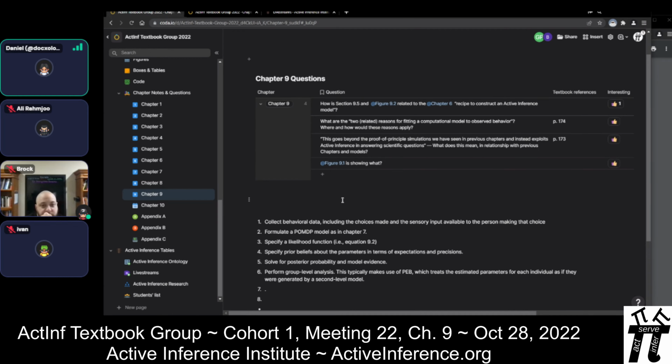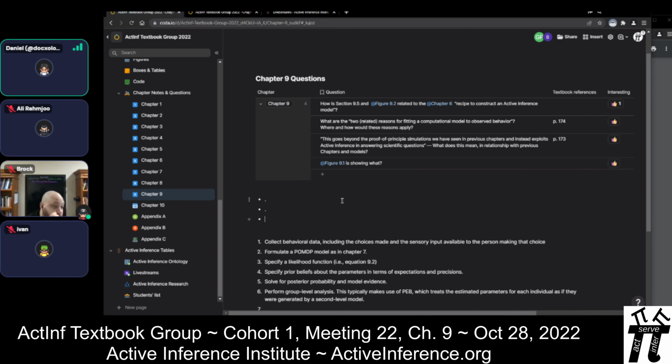Would anyone like to add anything they want? Or mention how the generative model discussion from the previous hour relates to model-based data analysis?